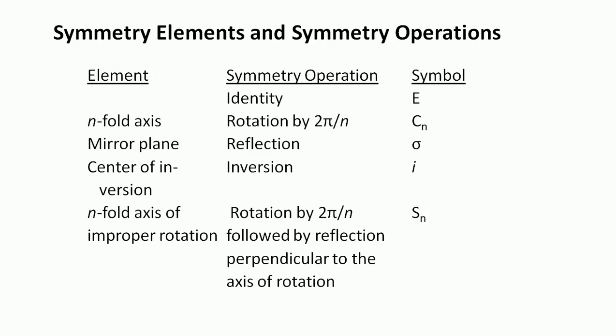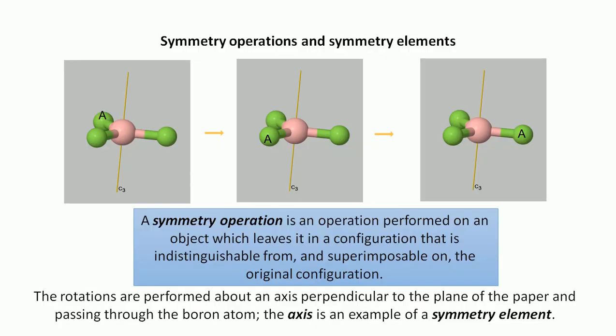And we have 5 different symmetry operations such as identity operation, rotation operation, reflection operation, inversion operation, and improper rotation. These are the 5 symmetry operations, and for every symmetry operation there will be a corresponding symmetry element as well. We will explain you in detail using an example.